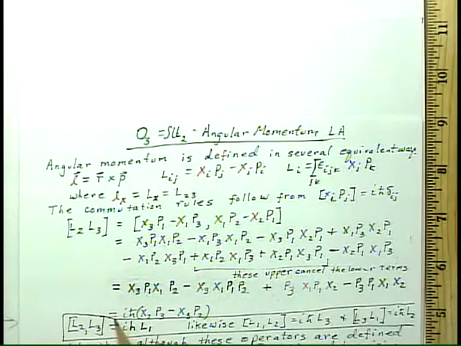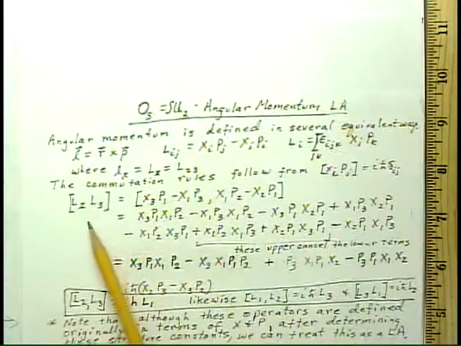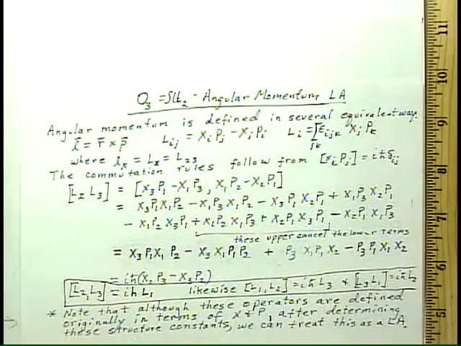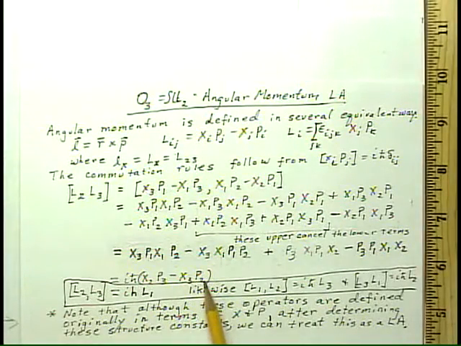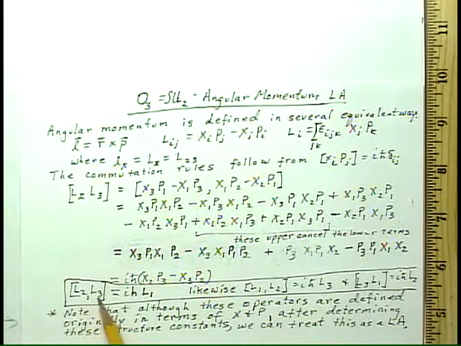That leaves us with the result that the commutator of L2 and L3 is i h bar times (x2 P3 minus x3 P2). But this is the term L1. Recall that L1 is x2 P3 minus x3 P2 in cyclic order, and therefore we have proved that the commutator of L2 with L3 is i h bar L1.